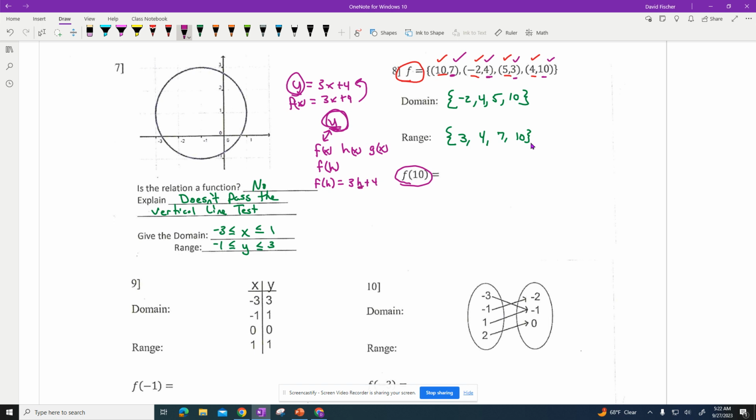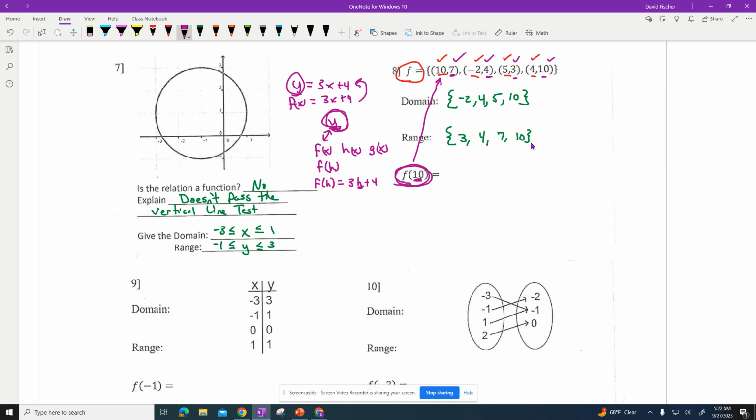Now, if there's no letter there, but I have a number like this 10, I know there's supposed to be a letter behind that 10, probably an x. So what I'm doing is looking for my x up here in my data that is the 10. And they're really asking, well, what's the y value equal? What's the whole thing equal if my x is a 10? So I come up here and look and find my 10.